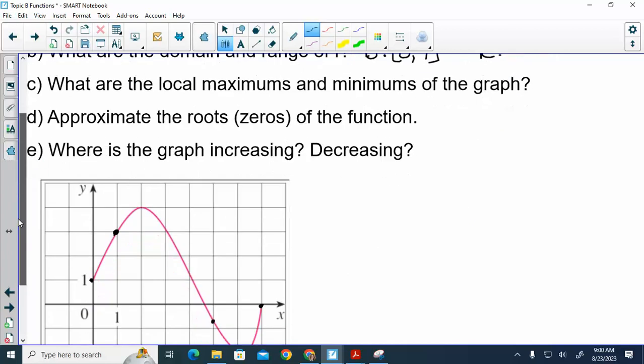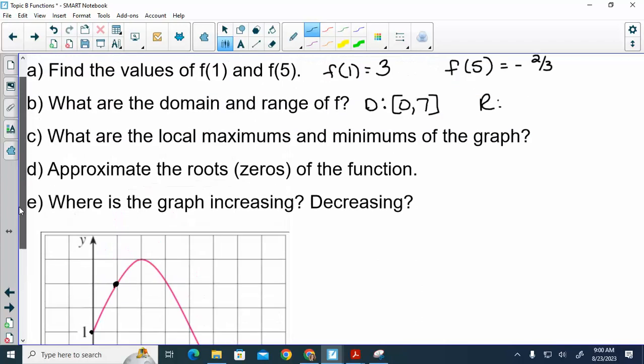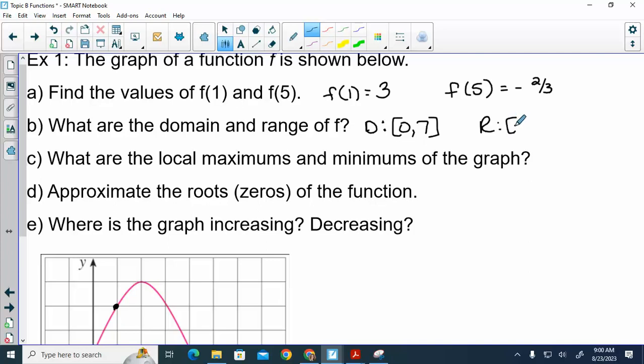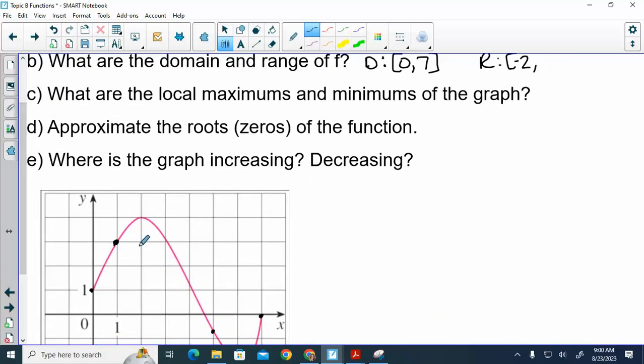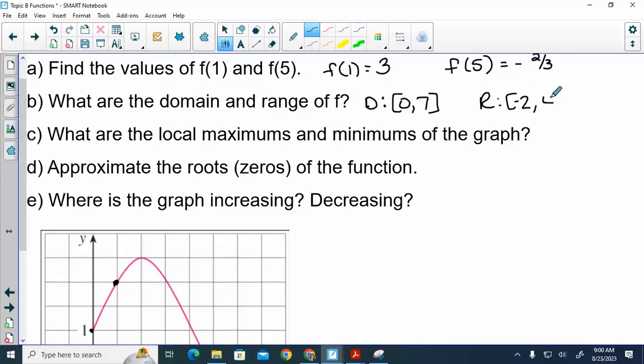So the lowest point on our graph is when our y value is, and the highest point on the graph would be when the y is. Is that okay?